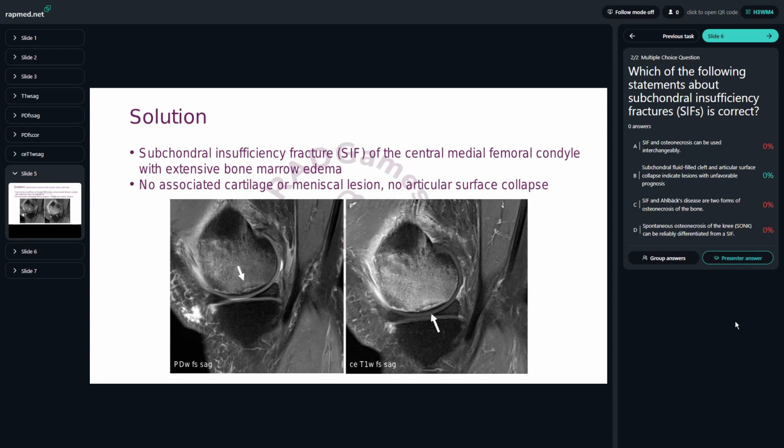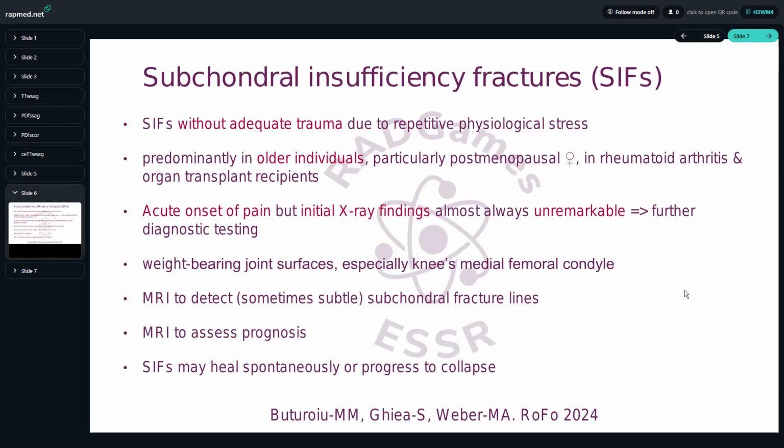A subchondral insufficiency fracture is not an osteonecrosis. Typically, it appears without adequate trauma in older individuals with an acute onset of pain, but X-rays are always unremarkable.